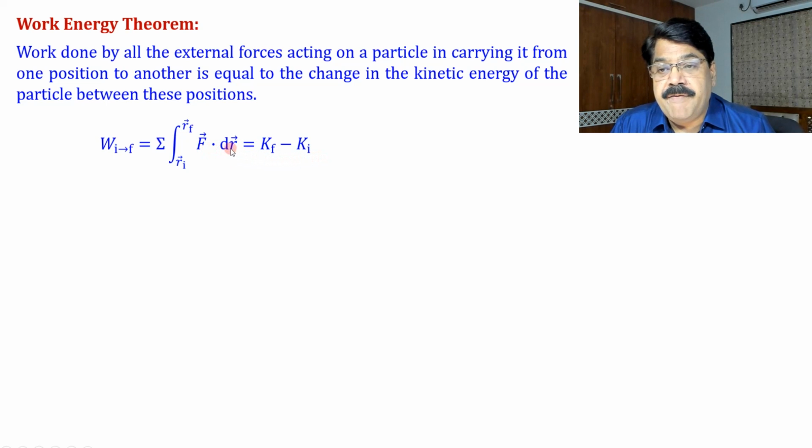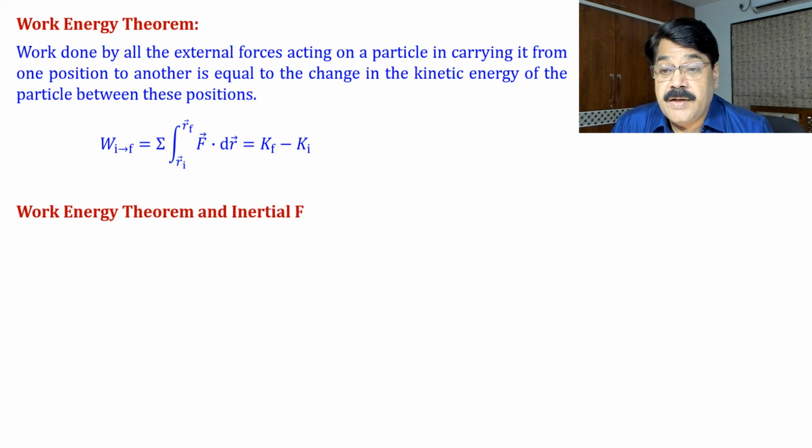Here the integral of F dot dr from Ri to Rf is the work done by this force F. If you put the summation sign here, it means this term will be the work done by all forces, and that is what we mean by W initial to final, and that will be equal to the change in kinetic energy, K final minus K initial.